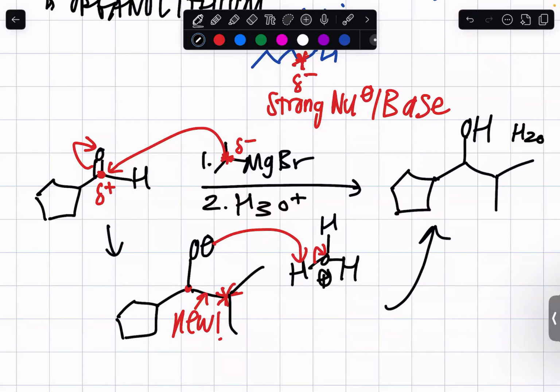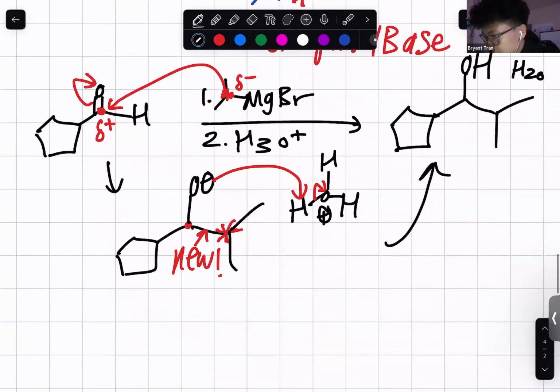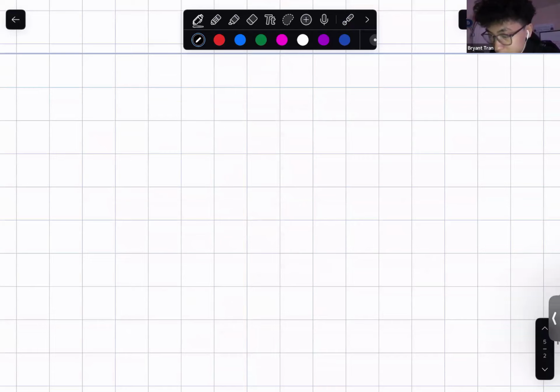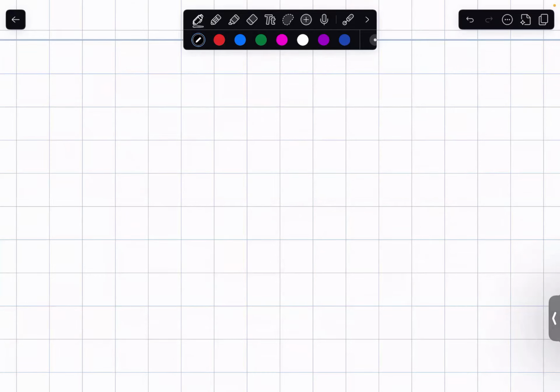No. Okay. I'm going to give you a practice problem on this organometallic reaction, and then I'm going to go back to Wiley and check his work for the kinetic thermodynamic product.